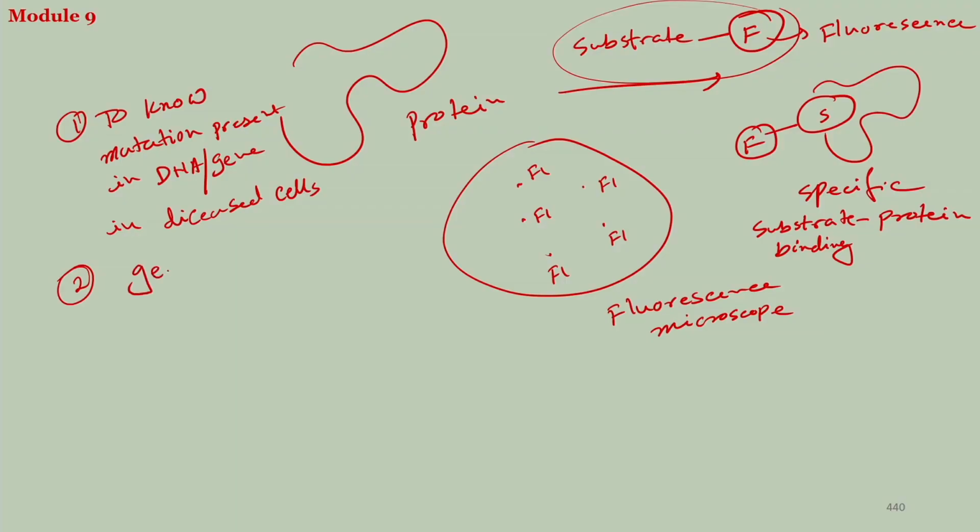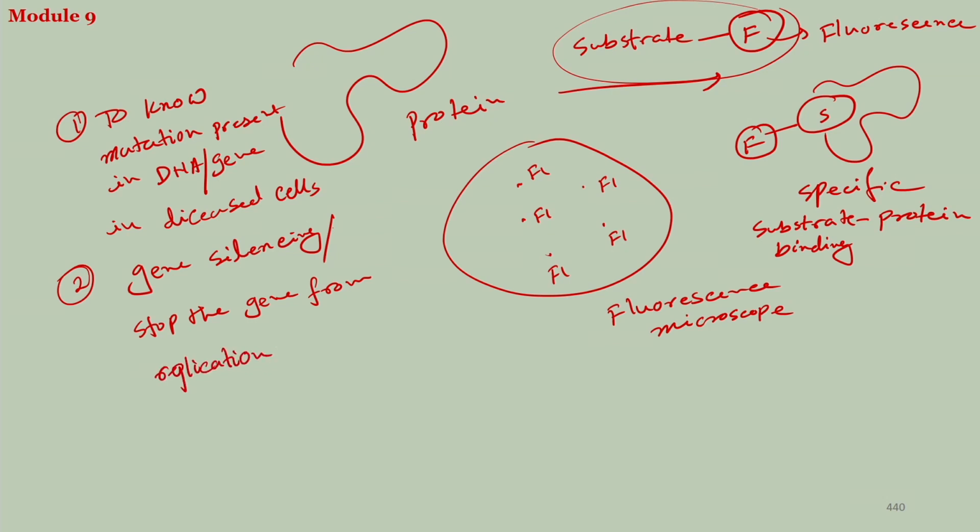So if you stop DNA replication, that means silencing the gene. If you can stop the activity of the gene or silence the gene, this is known as gene silencing, or stopping the gene from replication.